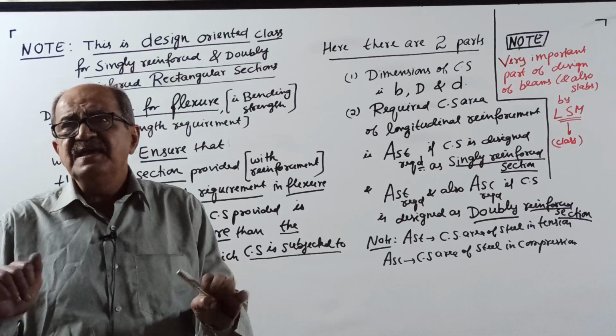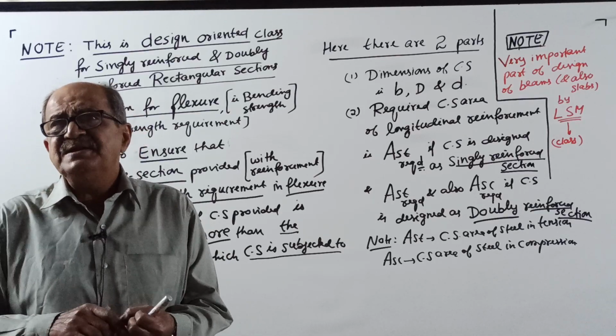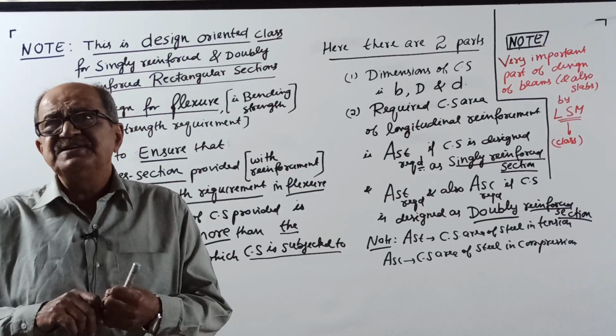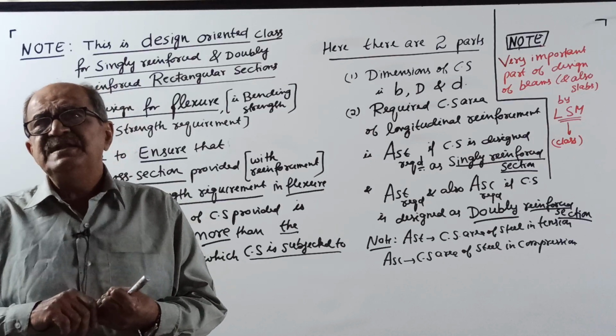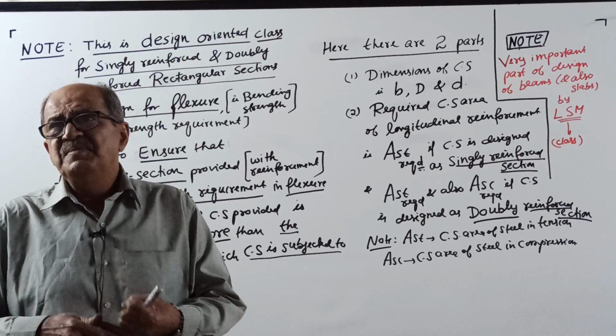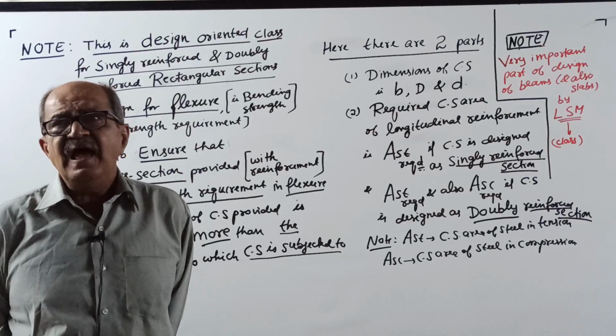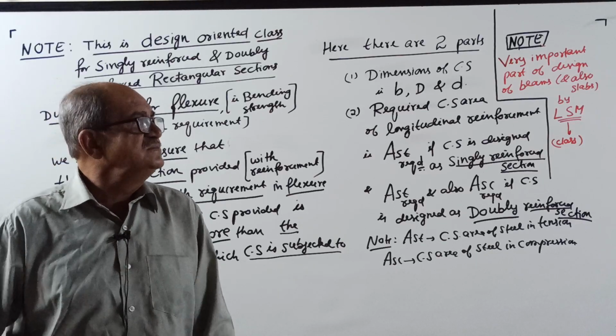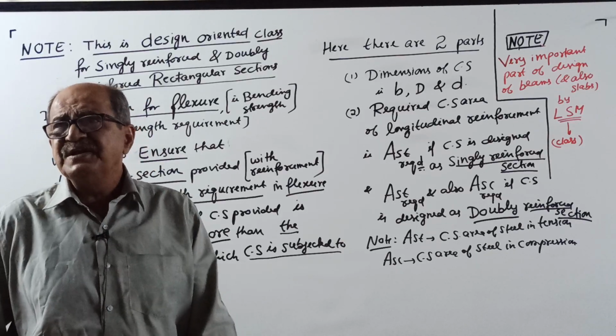Now see, in the IS code, we have limit state of strength in flexure, meaning bending, limit state of strength in shear, limit state of strength in torsion, and compression, that is axial force. So all these are section forces.